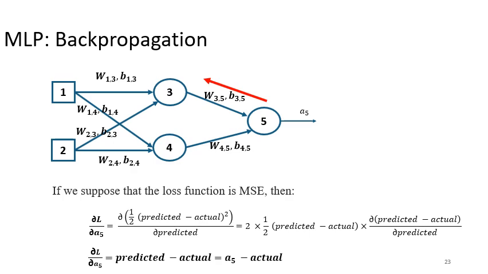This is 2 multiplied by 1 over 2 multiplied by predicted minus actual, multiplied by the derivative of predicted minus actual with respect to predicted. Since the 2 cancels with the division by 2, and the derivative of predicted minus actual is 1, we get predicted minus actual. The predicted value is none other than E5, so E5 minus the actual. This derivative quantifies the impact of a change in the predicted output on the overall loss during backpropagation.